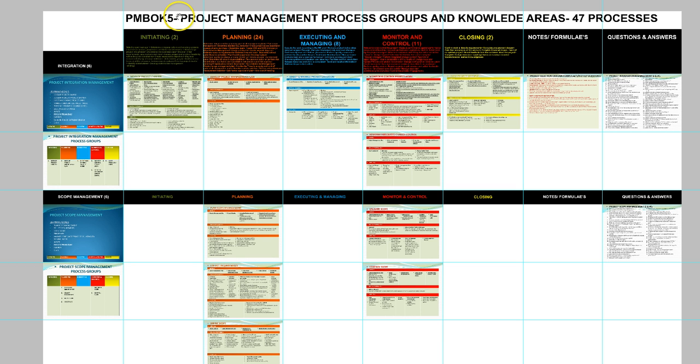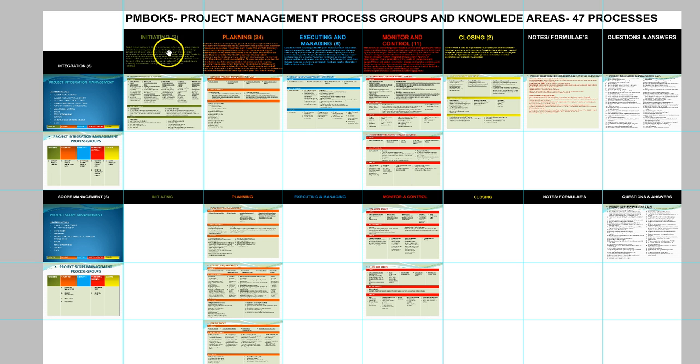The process groups that you see are 1, 2, 3, 4, and 5, which are initiating, planning, executing, monitor and control, and closing. If you go down vertically into these columns, all are the different processes related to that process group. All these are color coded as well.